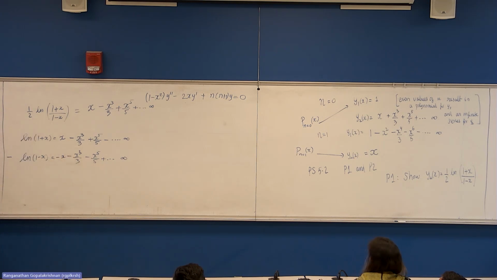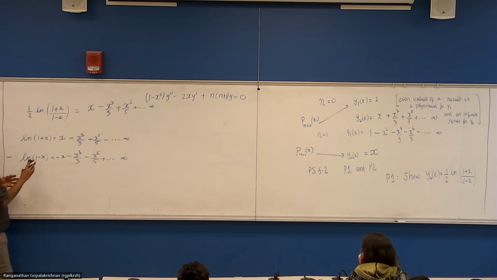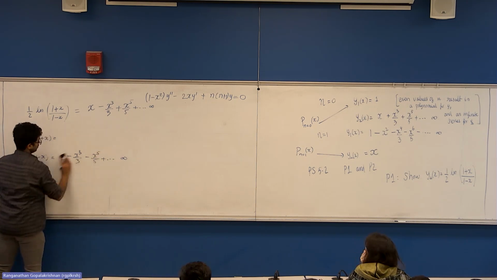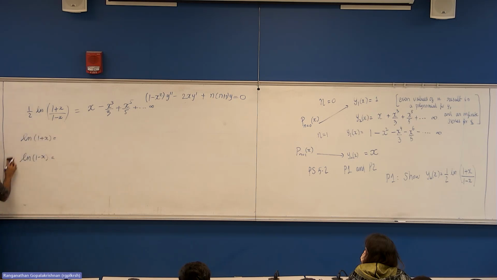Based on the notes, there should be some x square over... Okay, so I think the cause of confusion is the series. We just need to get the series right, because if we get it right, the problem is over.